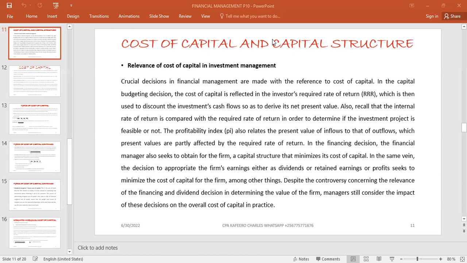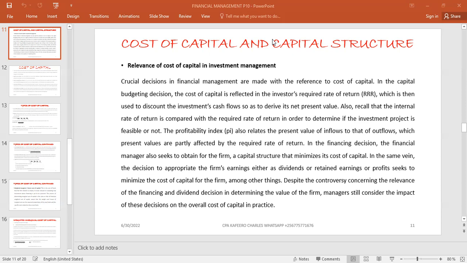In the internal rate of return method, we compare the internal rate of return and the required rate of return. If the investment is viable, then the internal rate of return must be more than the required rate of return, because the required rate of return, we said, is the minimum amount of money the investor is expecting when they invest in long-term assets.